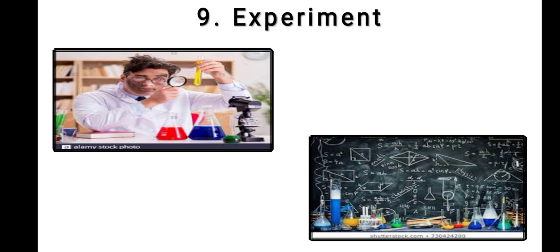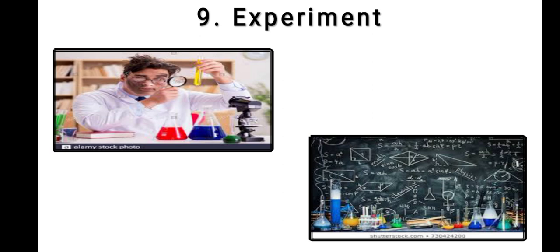Again, experiments can be classified into two: the absolute experiment and the comparative experiment. If you wanted to determine the impact of a fertilizer on the yield of a crop, it is called an absolute experiment. But if you want to determine the impact of one fertilizer as compared to the impact of another fertilizer, then it is called a comparative experiment.